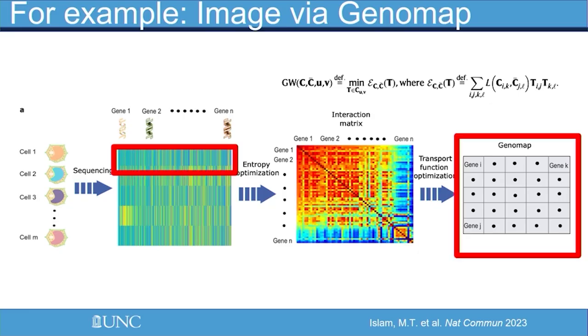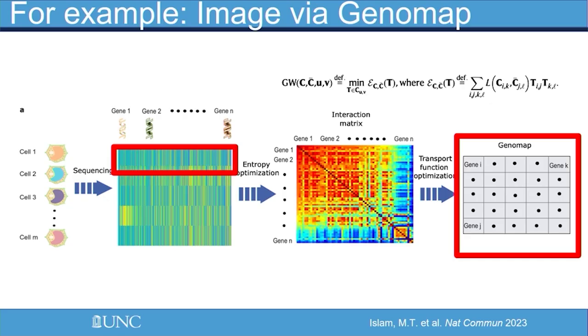And then based on the gene ranking according to this gene-by-gene interaction matrix, if you notice the index here, in total we have n genes, and here it's k. So this k is actually the square root or close to the square root of n. So basically, you convert the profile for each cell, or each row here, into 2D information. And if you represent that in heat map format, you get an image.